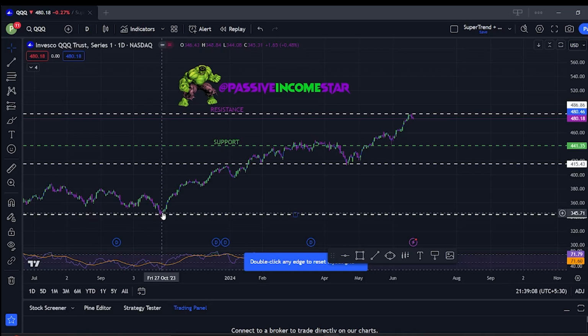But let's say you had a leap, right? For this time frame, saying, hey, it's at 344 now, and you want to buy something that's in the money. So you're getting a 345 call, right? And you're letting it rock out. Just look at the incredible gains that you'll be making here.